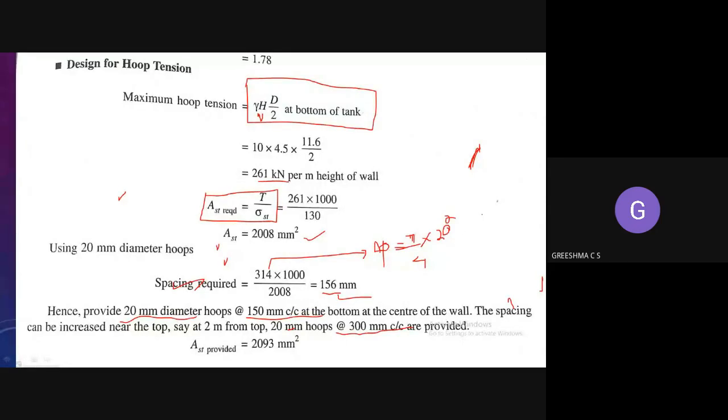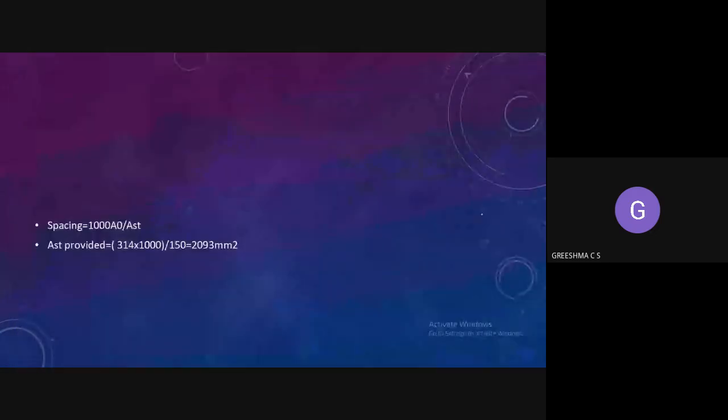So if you are placing reinforcement at 150 mm center to center, how much will be the new AST provided? The spacing is equal to 1000 times the bar area divided by AST.